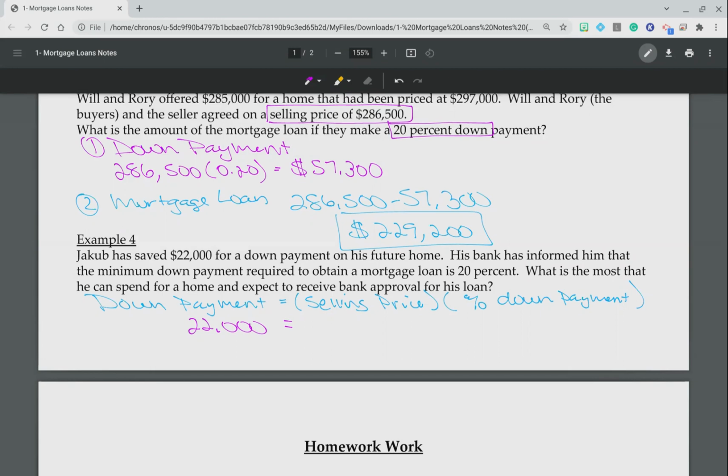We don't know the selling price of the house, so I'm going to call that X. But we do know he has to put down a 20% down payment. To find what the selling price has to be in order to be approved on this loan, I just divide both sides by 20%. If I take 22,000 and divide it by 20%, I get $110,000. That is going to be the selling price of the house in order for Jacob to receive approval on a mortgage loan.